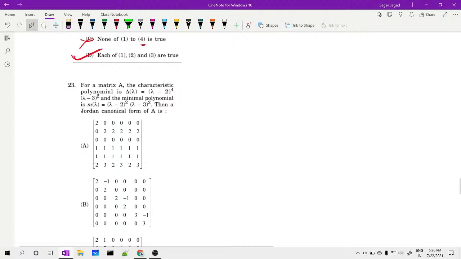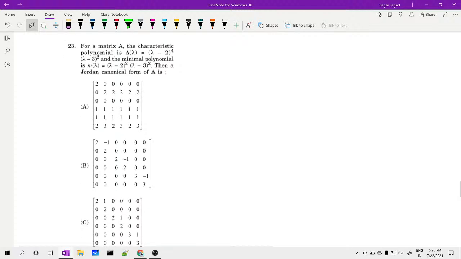For the matrix A, the characteristic polynomial is this and the minimal polynomial is this. So, the Jordan canonical form. I always get happy when I see Jordan canonical form. The reason is really simple. Initially, I was too scared of it, but once I understood the concept of how to actually find it, I started getting interested in finding the Jordan canonical form. So this is definitely not the Jordan canonical form. What is the dimension?